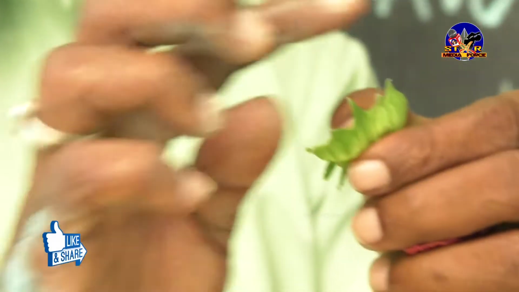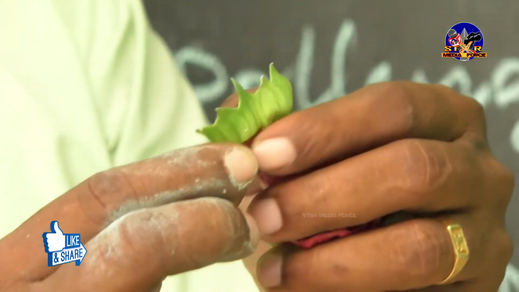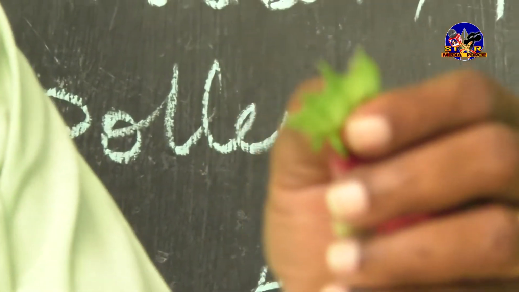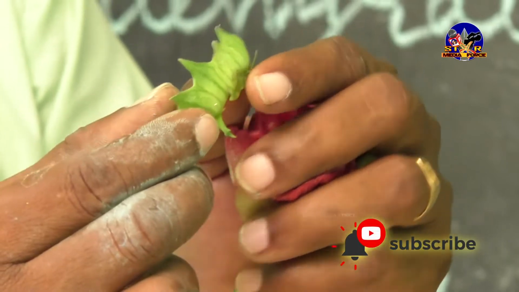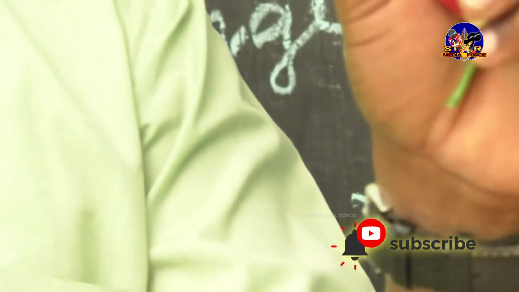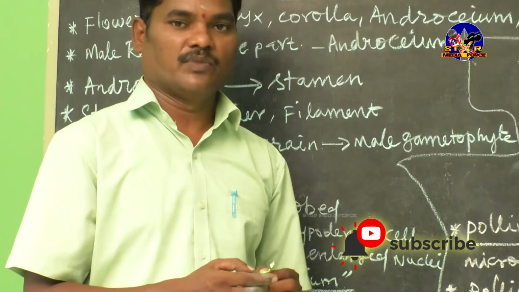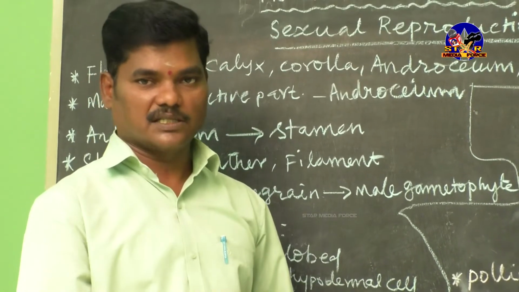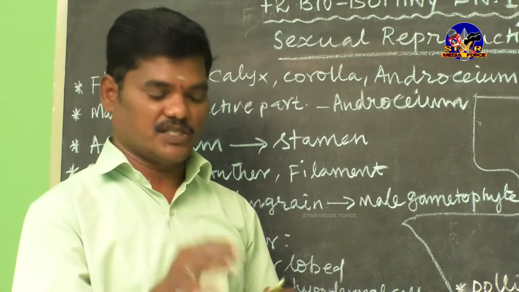Five sepals collectively are known as calyx. It is green in color, from the bottom to above. This is one part of the flower. Keep it in your mind: the flower has four parts: calyx, corolla, androecium and gynoecium.